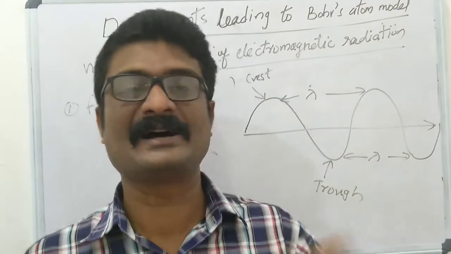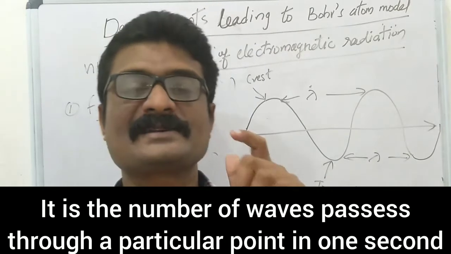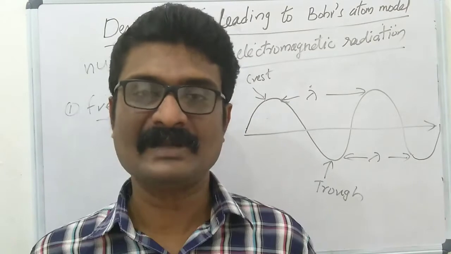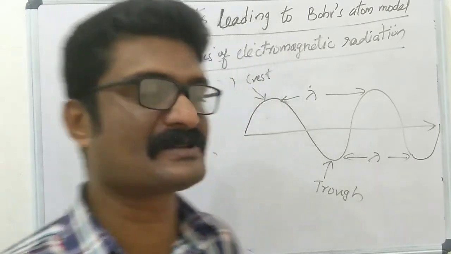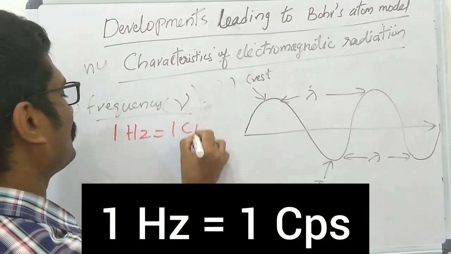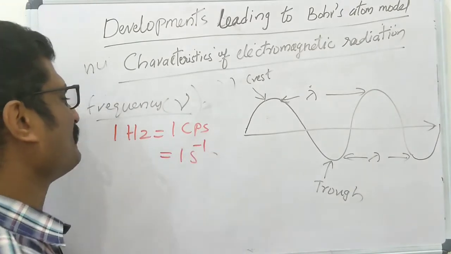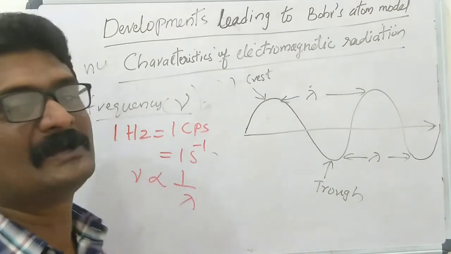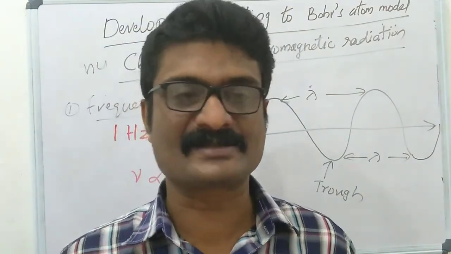It is the number of waves passing through a particular point in 1 second, and its unit is hertz or cycle per second. 1 hertz is equal to 1 CPS, or we can write 1 hertz is equal to 1 second inverse. And frequency of a wave is always inversely proportional to wavelength. When wavelength of radiation increases, its frequency decreases.